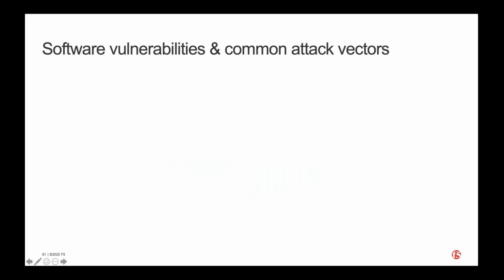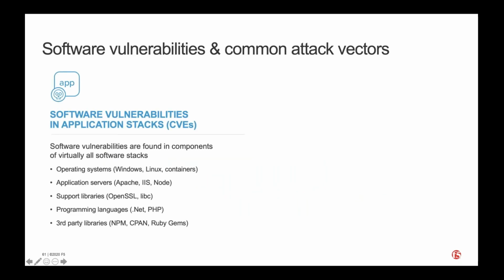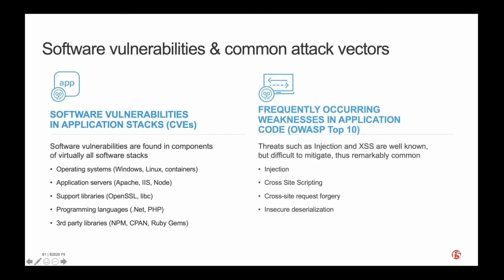So we have some software vulnerabilities that are known based on the operating systems and application services. We have some different weaknesses defined also in the OWASP Top 10 that we know from our applications.